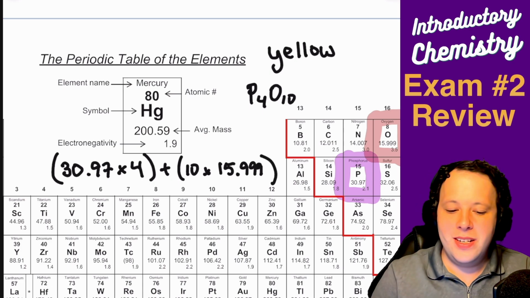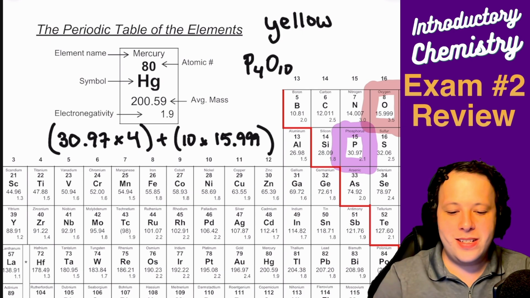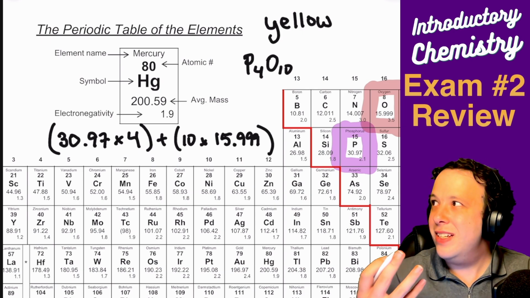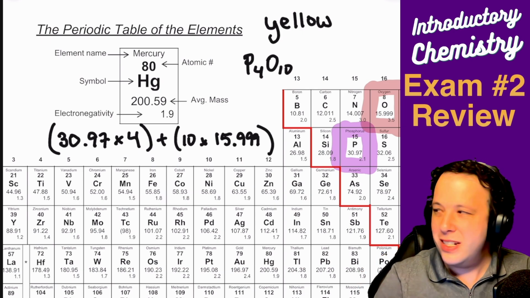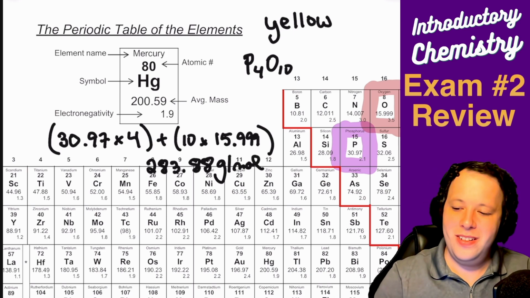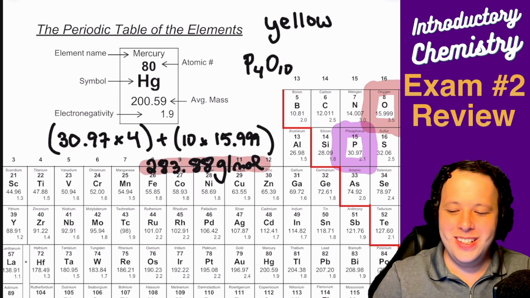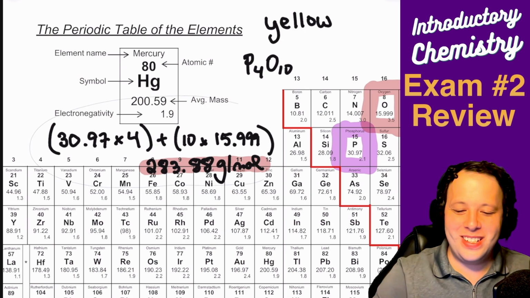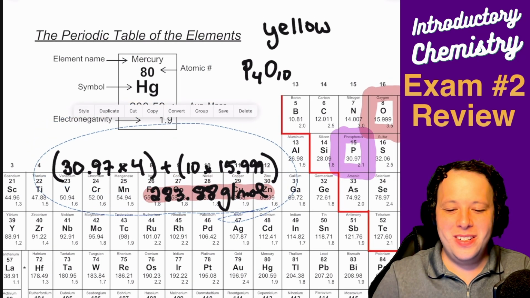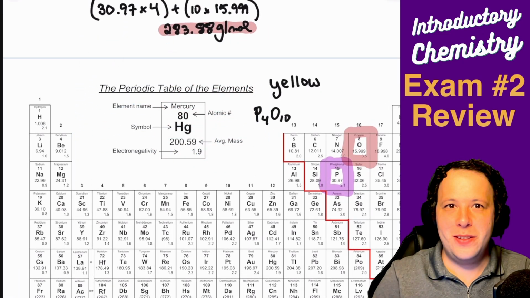When you do that, for molar mass you should have 283.88 grams per mole as our final unit. I realize that those were showing in amu, so we should have been showing those in grams per mole. Okay, so that would be how to do that problem.